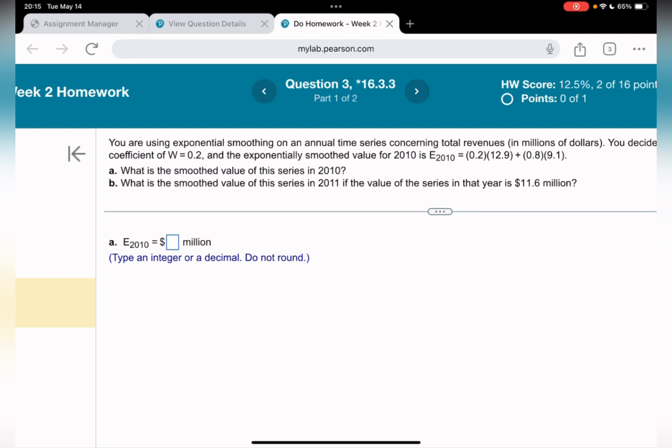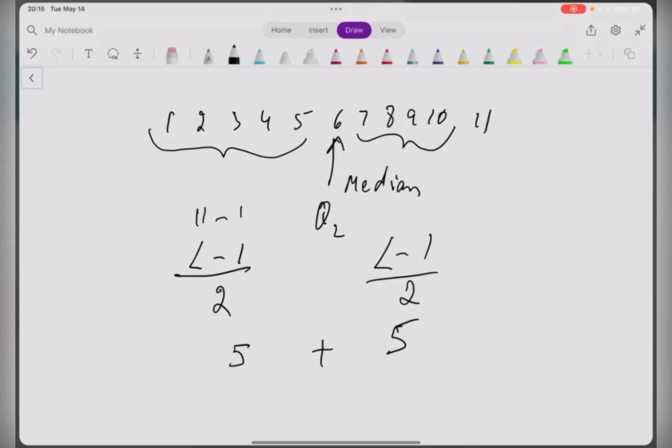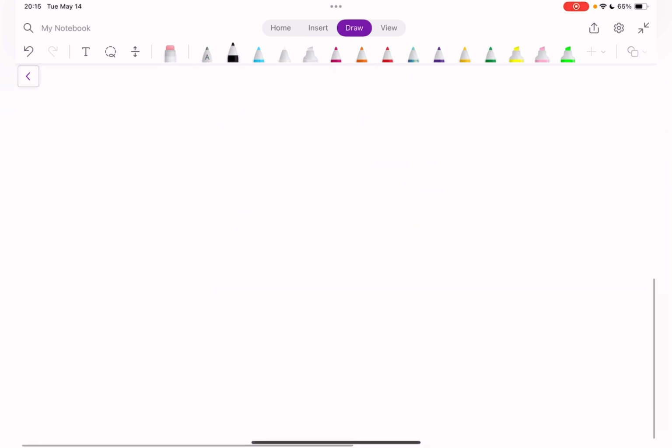Every smoothing has a weight or smoothing coefficient, which is going to be between 0 and 1. The smoothing coefficient can be between 0 and 1, but not 0 or 1.